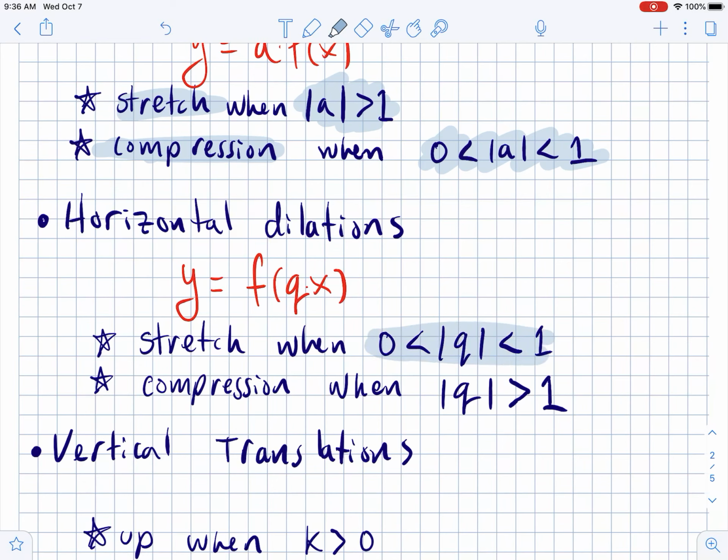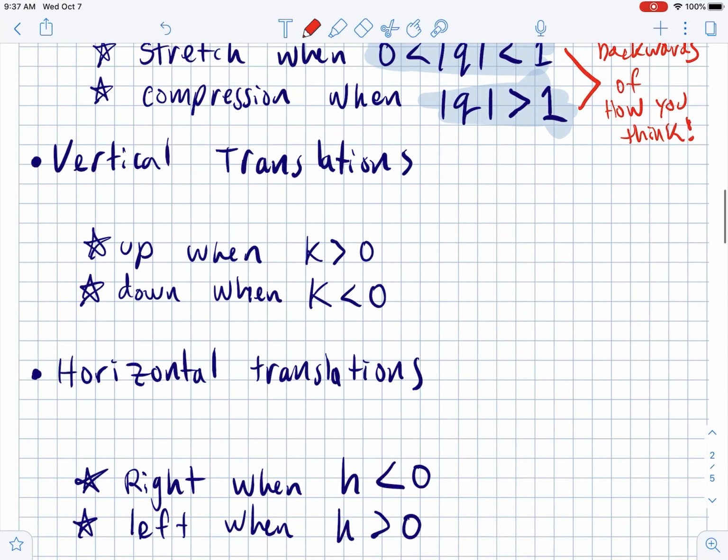A stretch happens when it's a fraction between 0 and 1, and a compression happens when it's bigger than 1. So this is backwards of how you think it should work. Just a reminder, once again, everything inside works the exact opposite of the way you want it to.